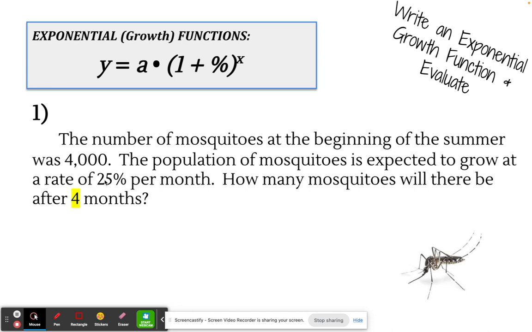That's how much it's changing every month, 25%. And we want to know how many mosquitoes there'll be after 4 months. So that's my time period, 4 months.